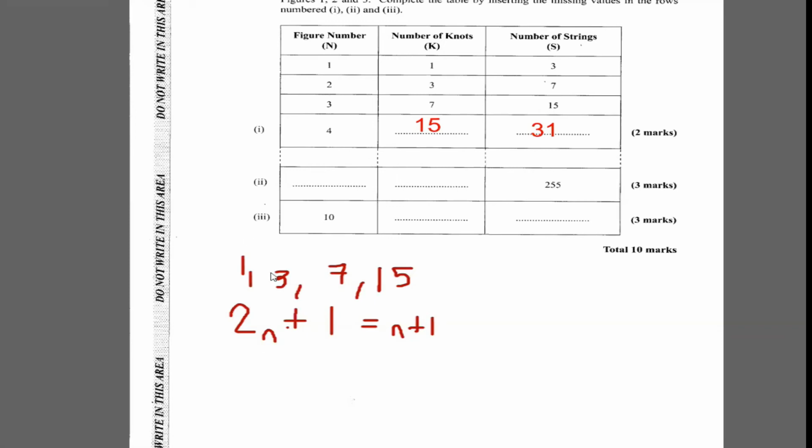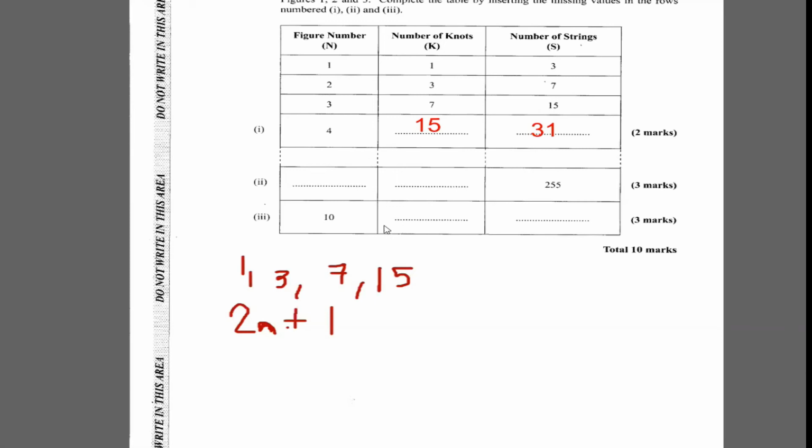For the second term, when n is 3, 2 times 3 plus 1, which is 7. This n looks like a lowercase script, so let me write it better: 2n plus 1. When this number is 7, 2 times 7 plus 1 is 15.